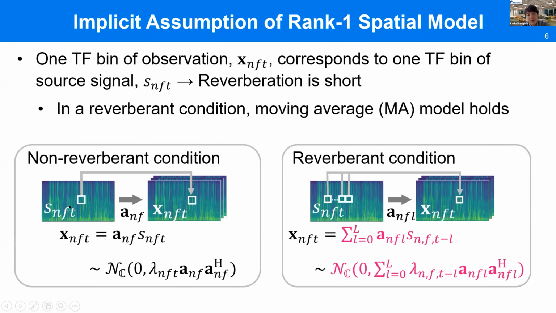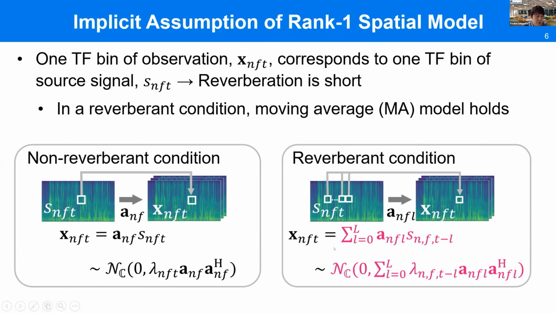This indicates reverberation is short, because if reverberation is long, one time-frequency bin of the observation X depends on multiple TF bins of the source signal S_n, and X_NFT is given by this expression.